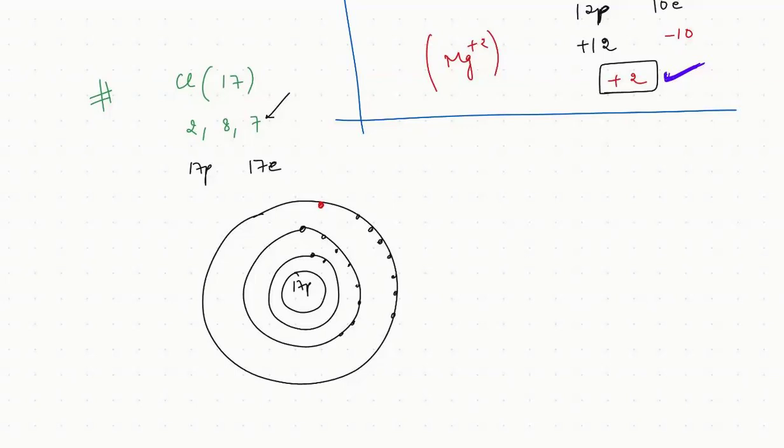So when it has this, I hope you're understanding that it is going to gain 1 electron. So what would that mean? That it would have 2, 8, and 7. It would gain that 1 electron and it would form 2, 8, and 8. Got the point? Any doubts in this?